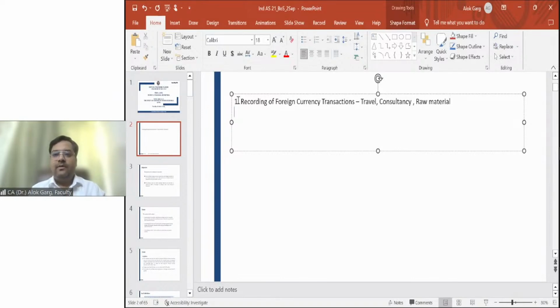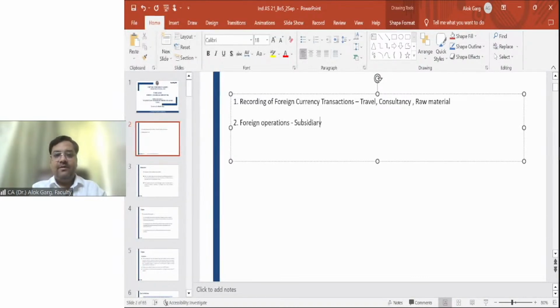Number two, Reliance as an entity must have some foreign operations, right? They are operating in foreign countries in the form of having subsidiary, joint venture, associate, and branches.